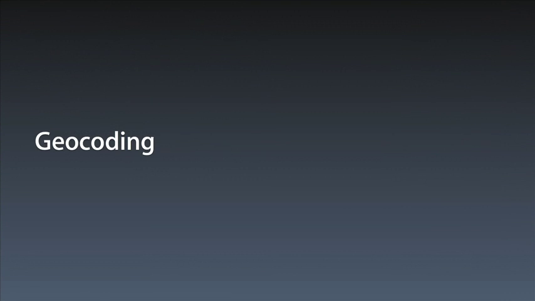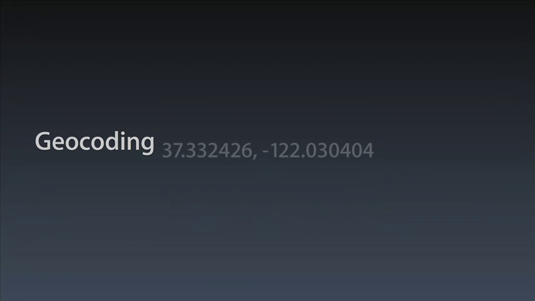Next, let's talk about geocoding. We've introduced a lot of new features for geocoding under iOS 5. Now, most people don't think about locations in the form of coordinates. They don't say, oh, I know where that coordinate is. It's 2 blocks to the left and north just a bit. But an address is more meaningful, and a lot more people understand what an address is.